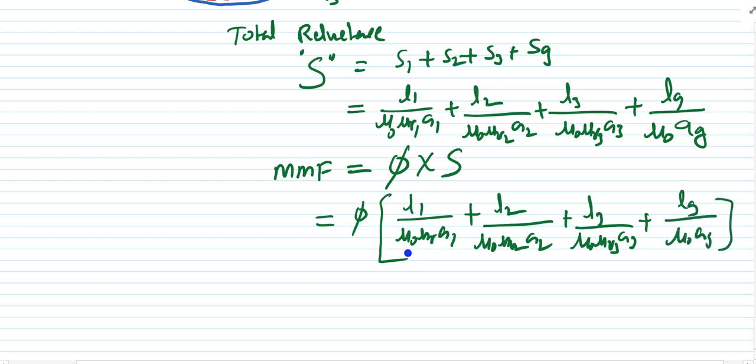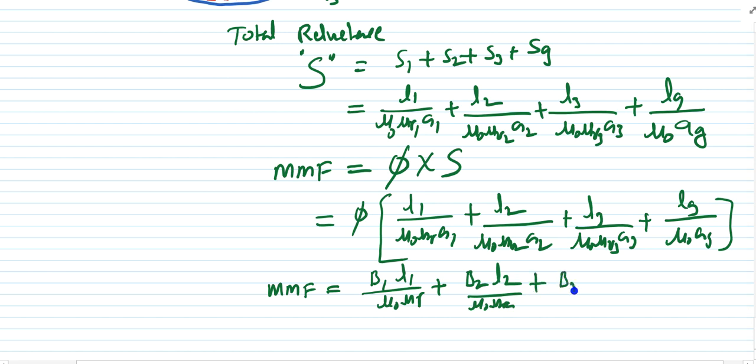If you manipulate all these equations, then mmf can also be written in terms of B1 L1 by mu naught mu R1, plus B2 L2 by mu naught mu R2, plus B3 L3 by mu naught mu R3, plus Bg Lg by mu naught mu R, where this is also 1 here.